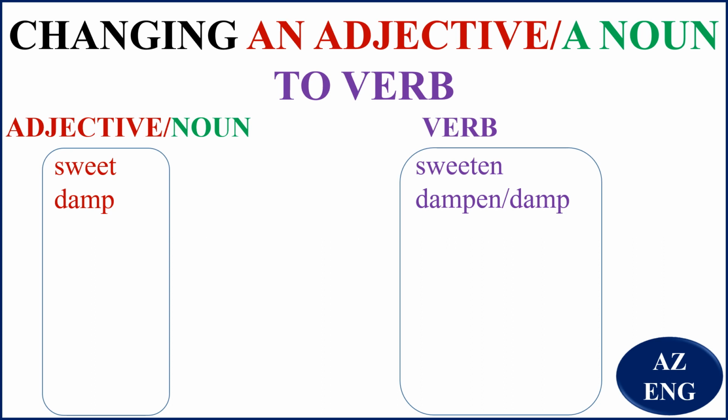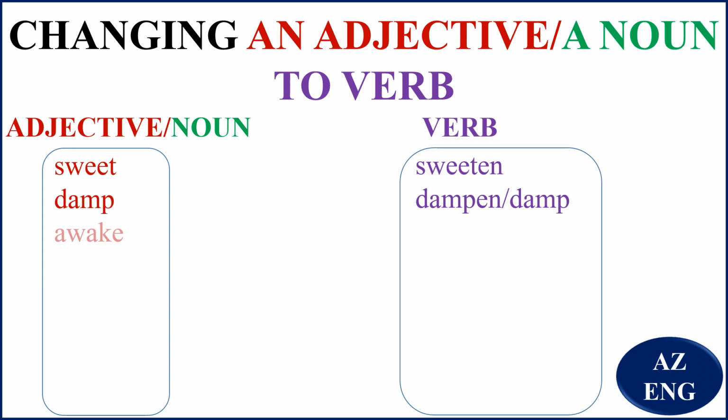And the word dampen, you can use it to talk about feelings. So you dampen a feeling. What you are trying to say is what? You decrease how strong the feeling is. I'm trying to dampen my anger, something like that.